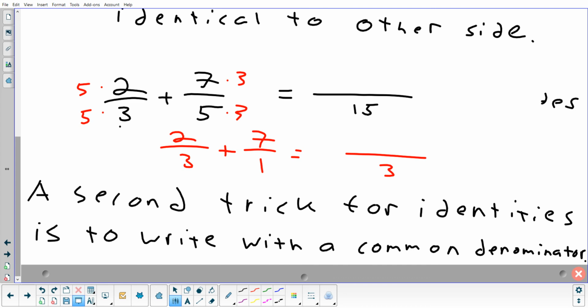This fraction, the 2/3, wouldn't have to change. All you'd have to do is multiply one of the fractions by the other denominator, not both of the fractions. But that's only if one of your denominators is a 1. Okay?